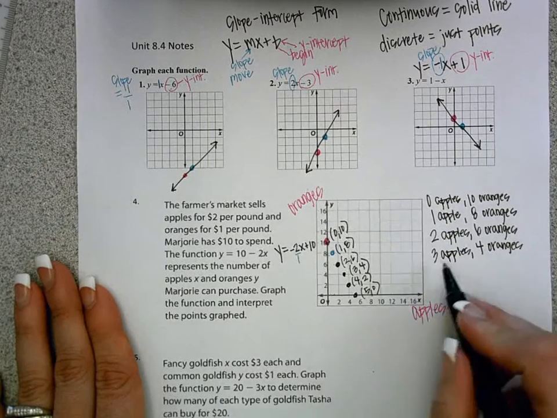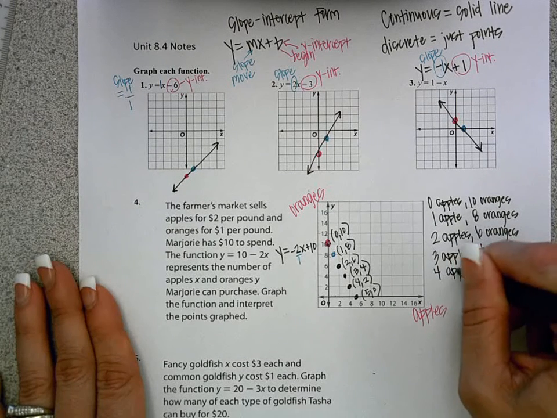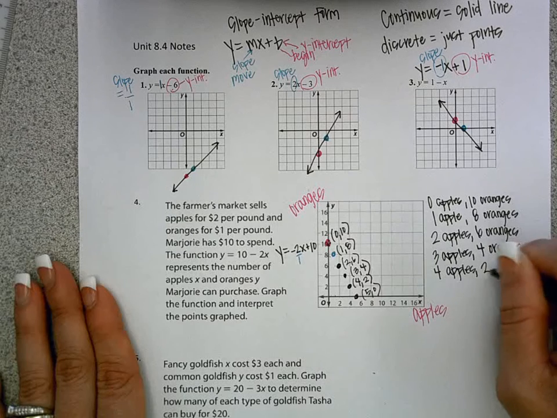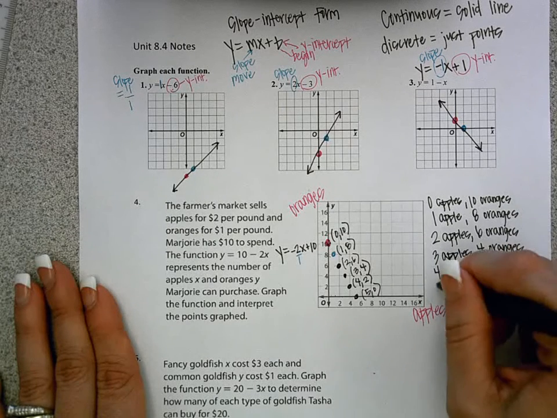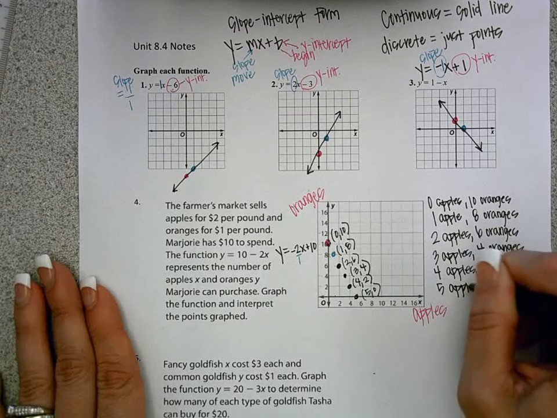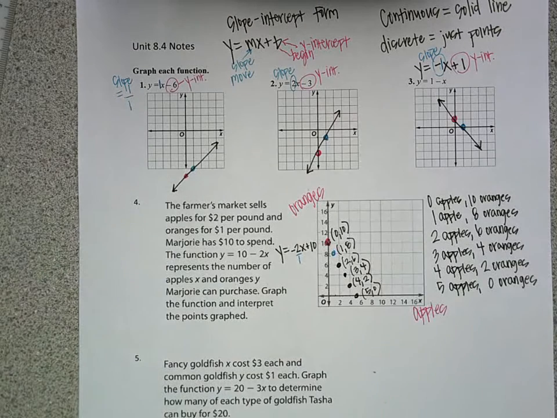So she could buy 3 apples, 4 oranges. She could also buy 4 apples and 2 oranges. And my last option is 5 apples, 0 oranges.